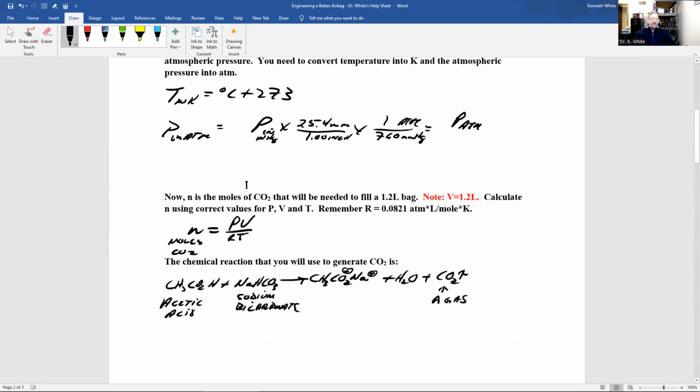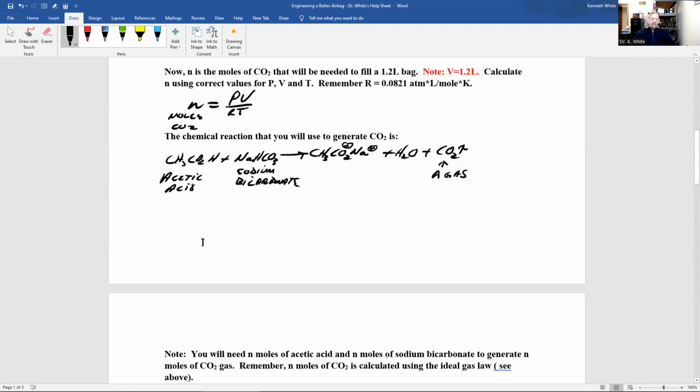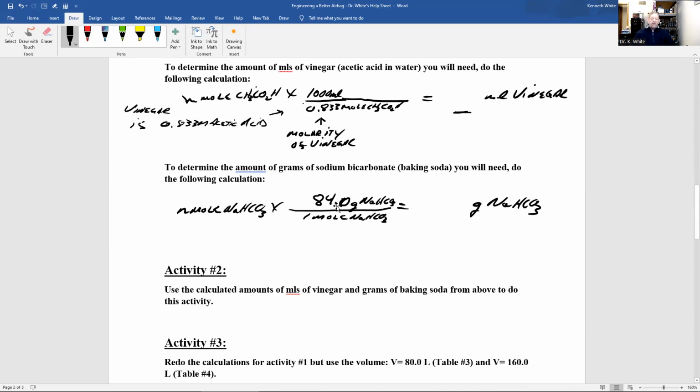The n comes from this calculation, equal to n moles of CO2, carbon dioxide. You'll multiply times the molecular weight of sodium bicarbonate per 1 mole, and that gives you grams of sodium bicarbonate. You learned that for test 2. Now, once you get these numbers, the milliliters of vinegar needed, grams of sodium bicarbonate, you'll weigh out those grams in a weigh boat.